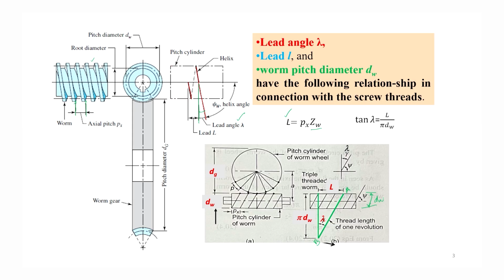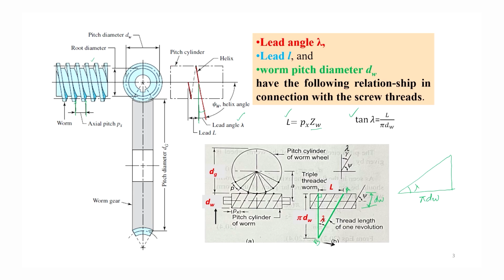So we get a right angle triangle with this length equal to pi dw, this one the length of thread in one revolution, and this angle is lambda. So tan of lambda is equal to lead divided by pi dw.